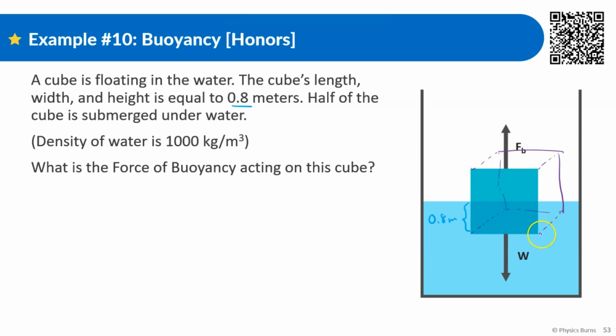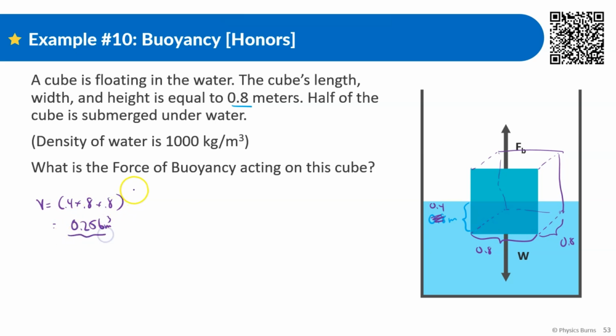So we should know that this length here, sorry, this isn't 0.8, this is 0.4, this is 0.8, and this is 0.8. So first, if we're going to try to find the volume, that's going to be 0.4 times 0.8 times 0.8. So let's see what that is equal to. 0.4 times 0.8 times 0.8, and we get 0.256 meters cubed.